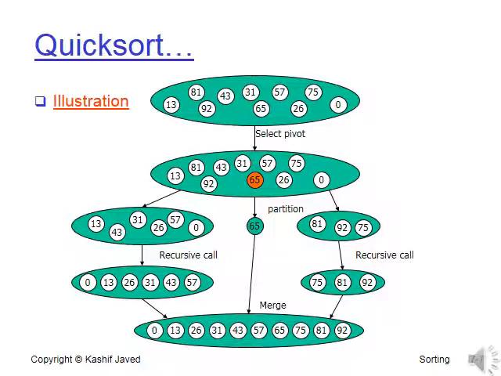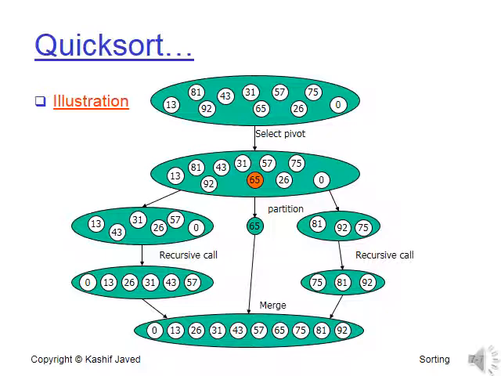The elements to the left of the pivot, which are 13, 0, 26, 43, 57, and 31, are less than the pivot, and the elements to the right of the pivot, that are 92, 75, and 81, are all larger than the pivot.